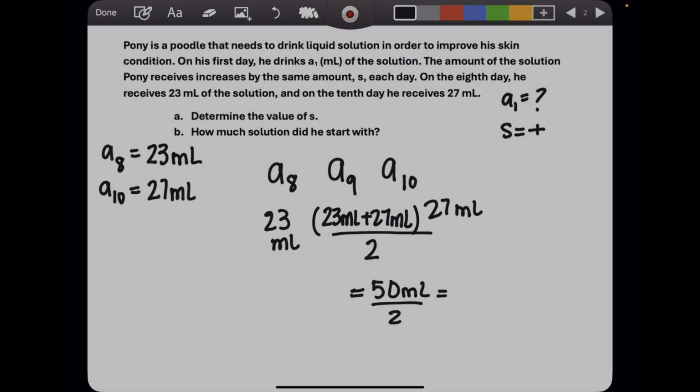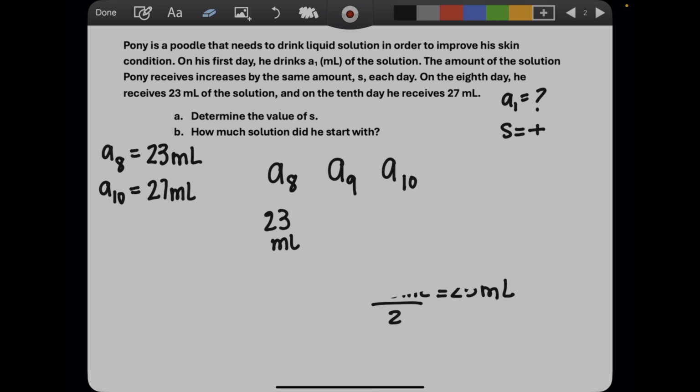Divide that by 2 is 25 milliliters. Since that gives us 25, we know that he drank 25 milliliters on his 9th day.